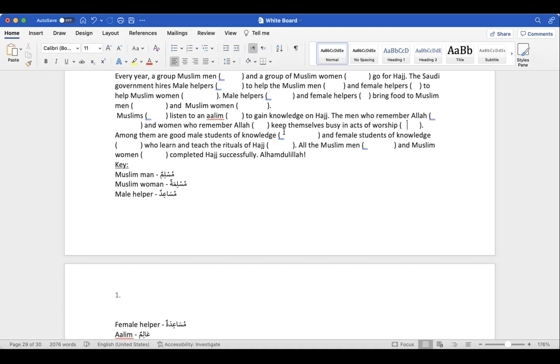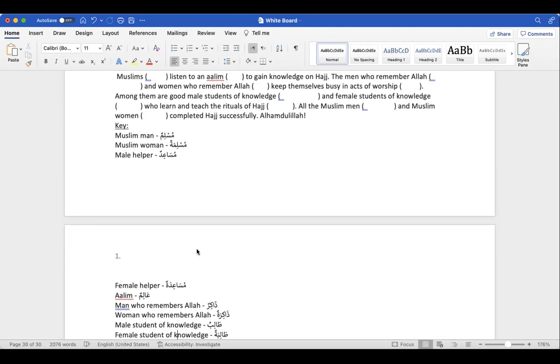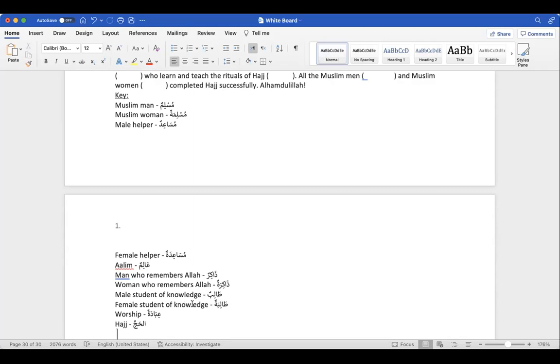So what are the doers in this sentence? Male students and female students. They are the doers. Why are they doers? Because they are teaching. What do you call a student in Arabic? Talib. So Talibun means one student. Talibatun means one female student.